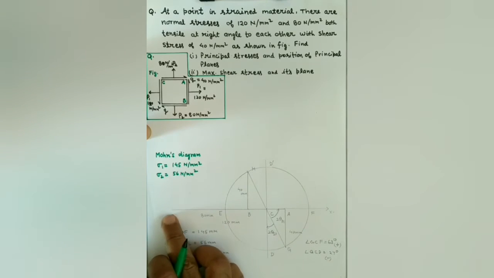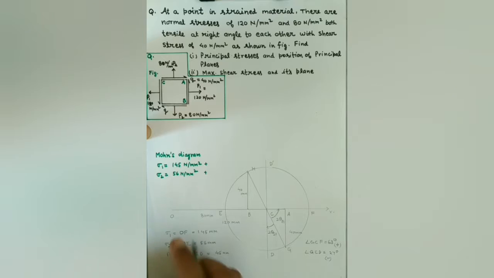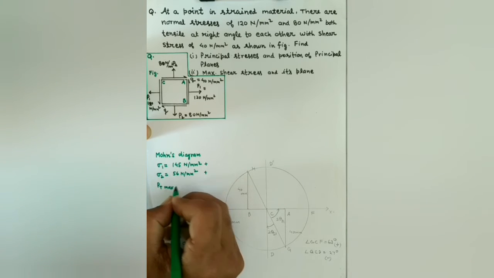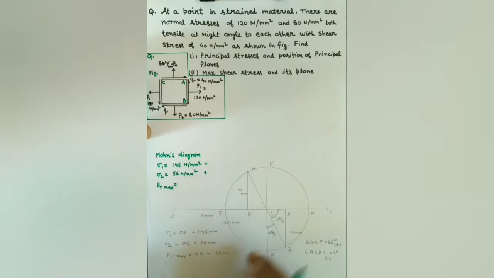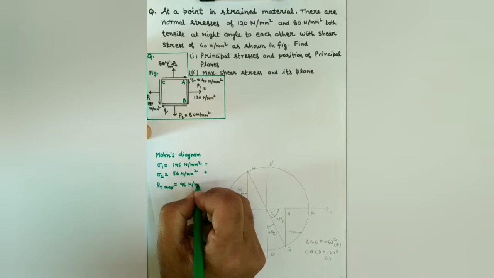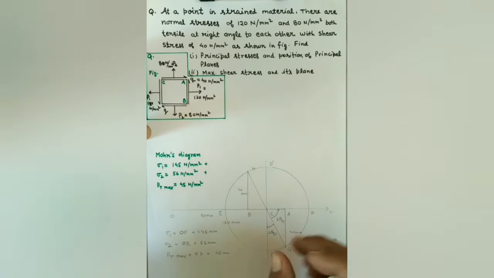Both are positive, so both are tensile. PT max, that is the maximum tangential stress, is equal to 45 Newton per mm square. Since PT max is below the x-axis, it is positive.